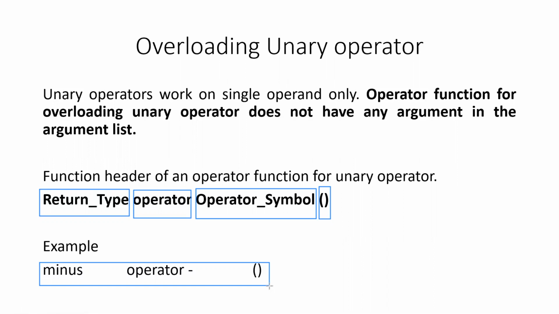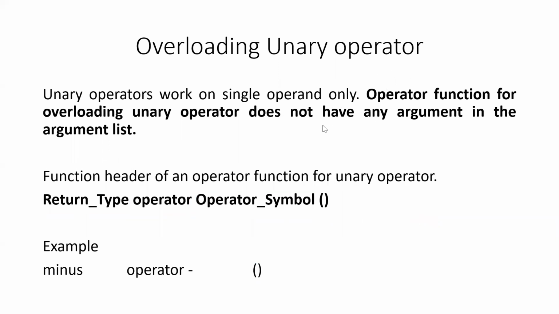An example of a unary operator is something like this: a equals minus b. Here minus is a unary operator because it is only operating on b. The next example is a equals b minus c. Here the minus operator is the binary operator because it is working on both b and c. We will see in the next slides how we can overload the unary operators.